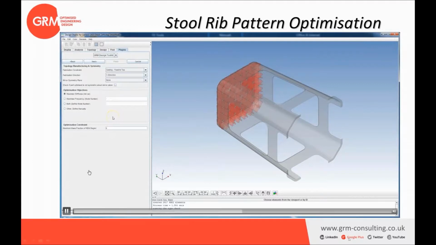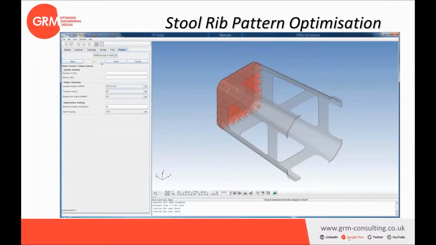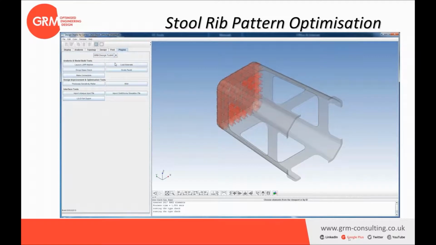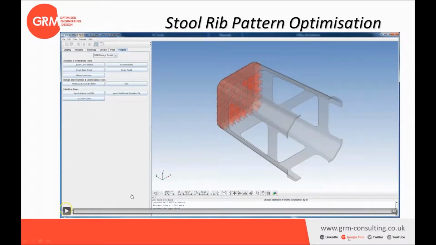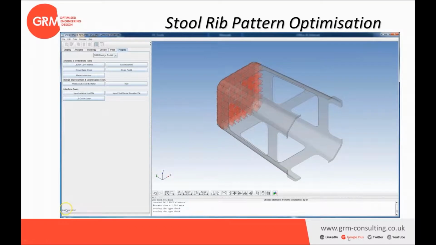We want to maximize the stiffness by using only 30% of the initial mass of the ribs. This final step has for goal to define all the optimization setups, so the number of CPU, the memory that you want to use on your computer. And then we are ready to run the optimization.